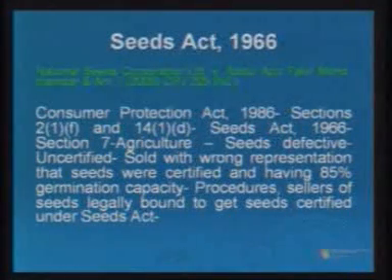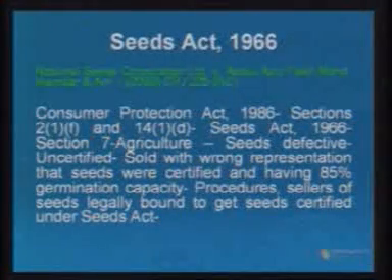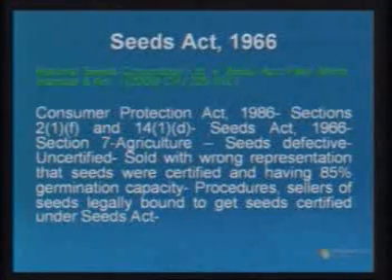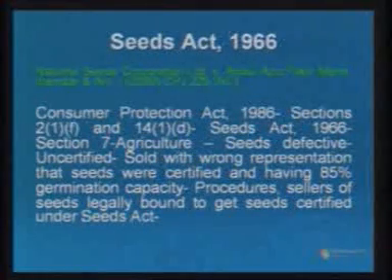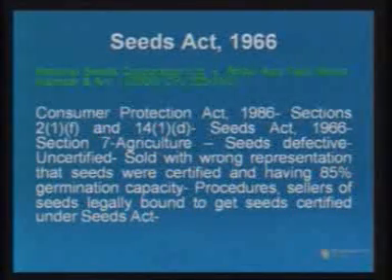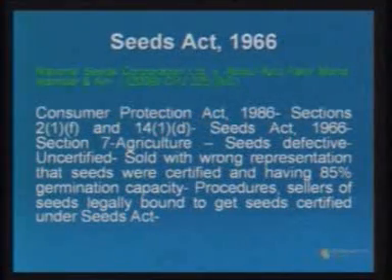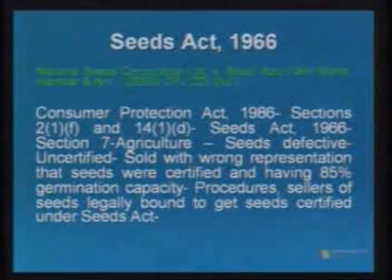In this case, the seeds were defective. The seeds supplied by the government department were found defective and uncertified, and were sold to the farmers with wrong representation. They made a false claim that the seeds were certified and had 85% germination capacity.